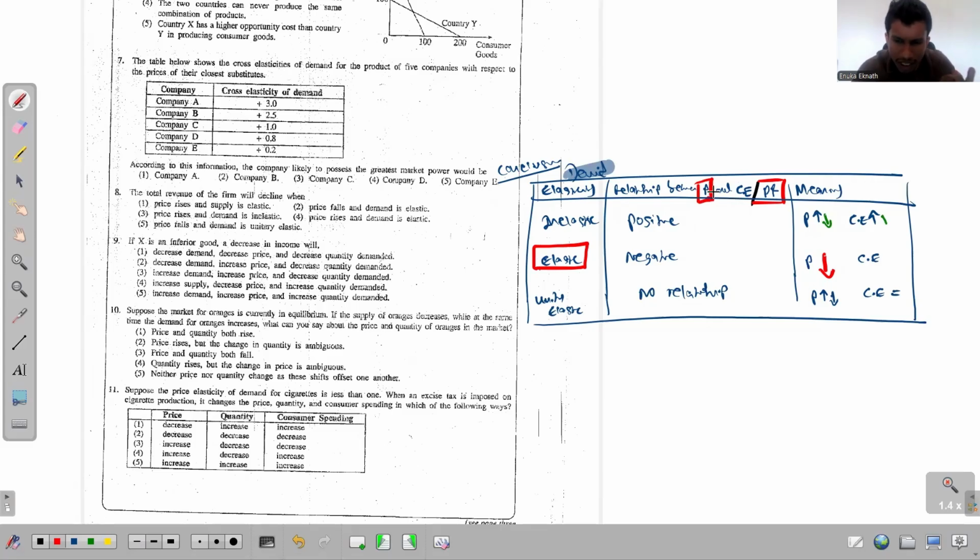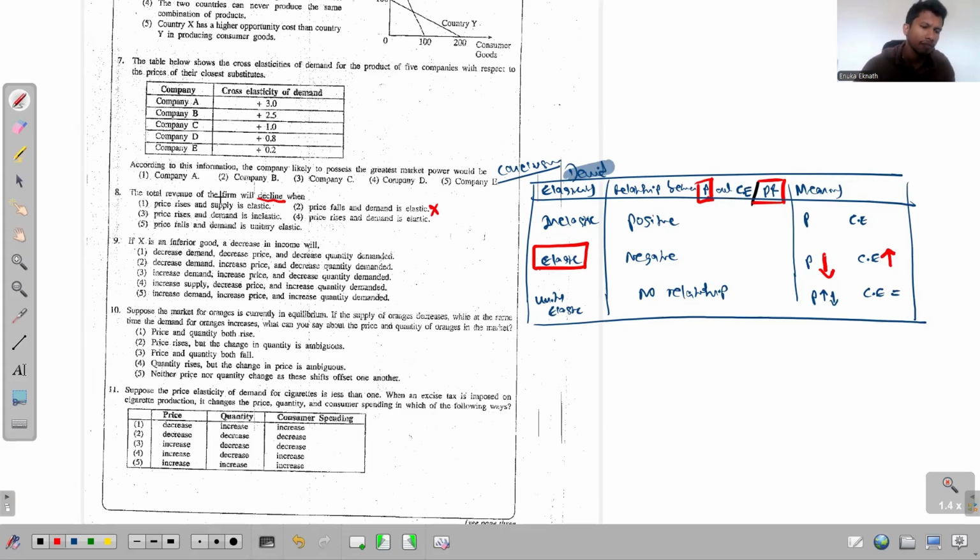It's a negative relationship, which means if price decreases, the producer's revenue increases. So the question asks us to recognize when the total revenue of the firm will decline, but in this case the producer's revenue increases, so that's not the answer.